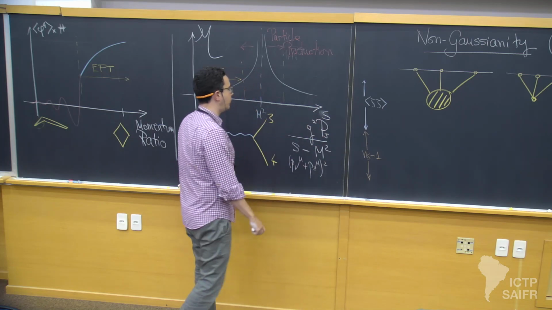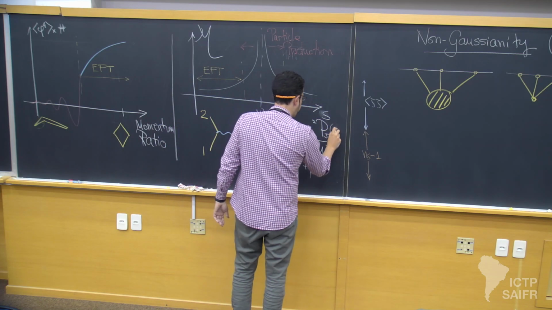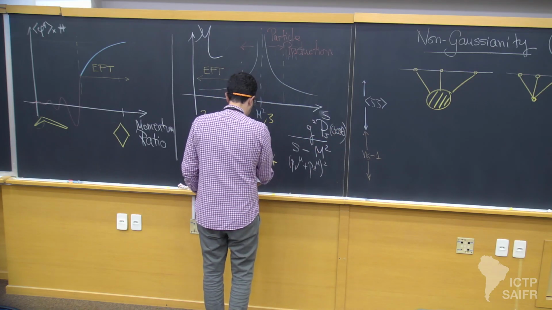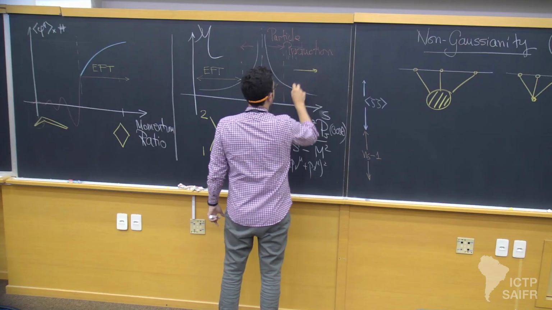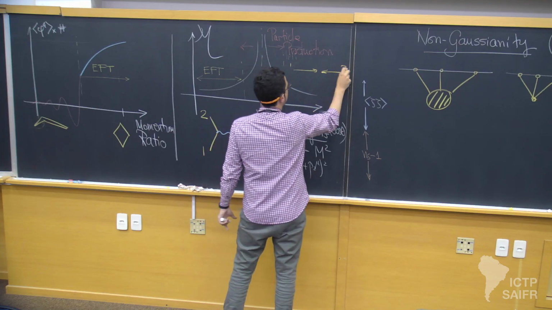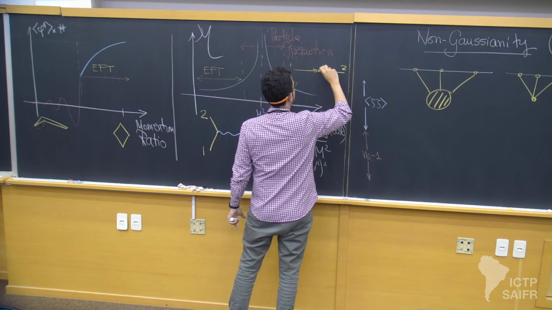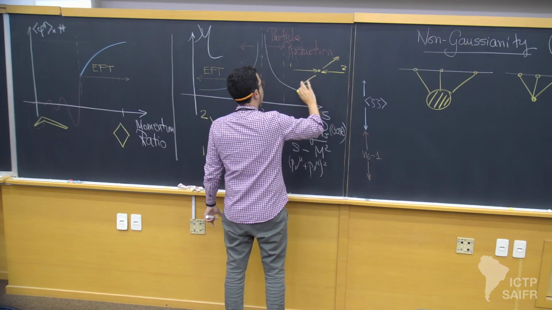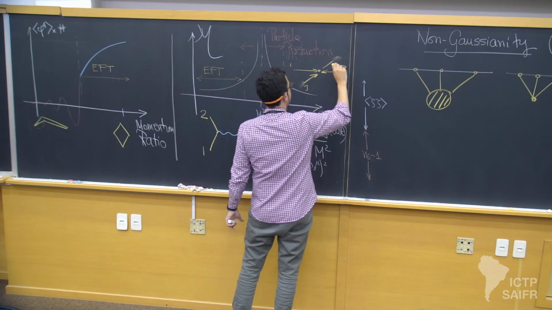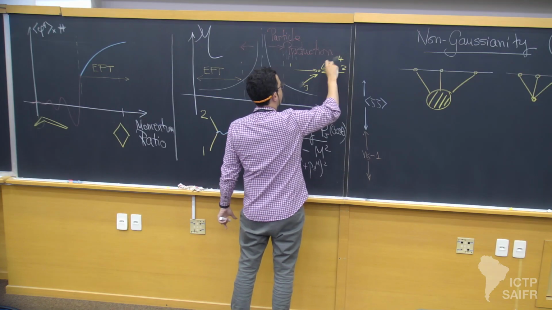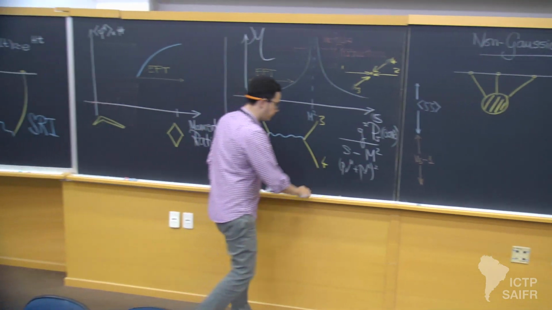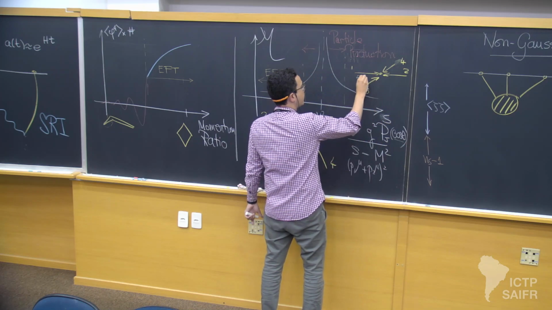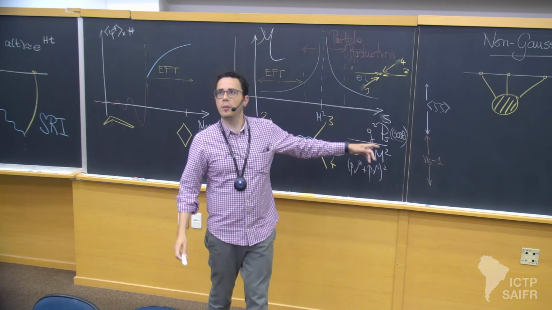This comes from group theory and depends on spin and on cosine theta, the angle between the... if you boost to the center of mass frame, you'd have 1, 2, have the collision, then 3 and 4. We usually work in conventions where everything is incoming, use crossing, and then you talk about negative energies. And then this cosine theta is this theta here, okay? So there's some Legendre polynomial.